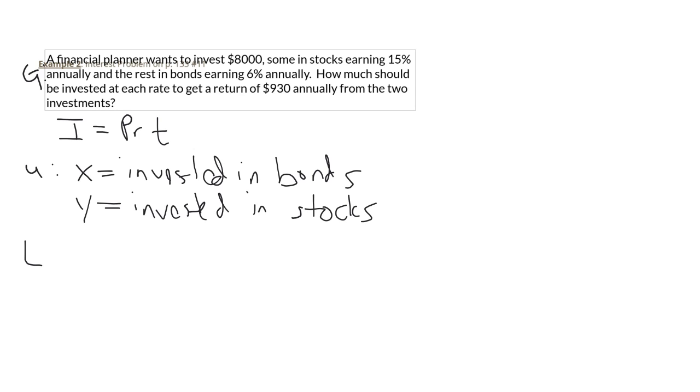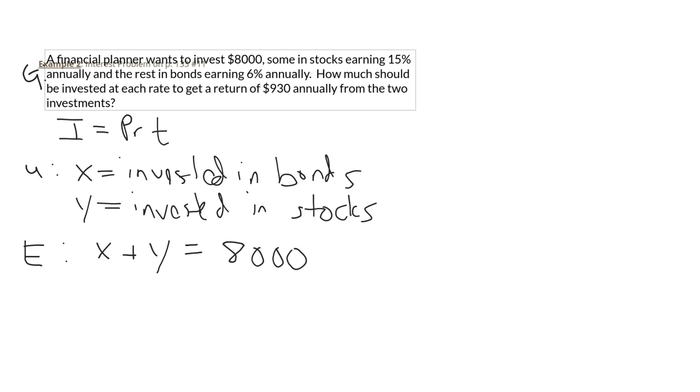So for our system, we're going to have two equations. The first one, we know that the amount invested in bonds added to the amount invested in stocks has to be that total amount invested. All right, we know that. It has to add up to a total of $8,000.